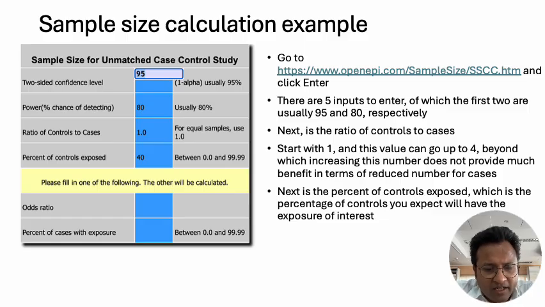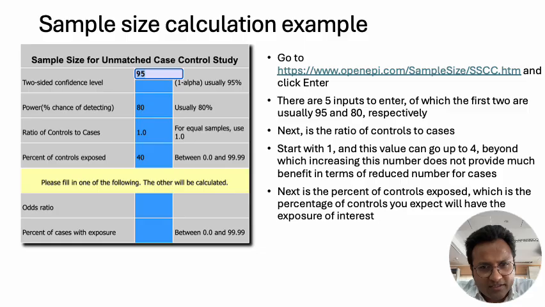So there are 5 parameters that we need to input to do sample size calculation for any case control study. The top 2 parameters here, the 95% two-sided confidence interval and the power, you can assume them to be 95 and 80 respectively. So I would assume that these are the 2 parameters that we don't need to do anything with.